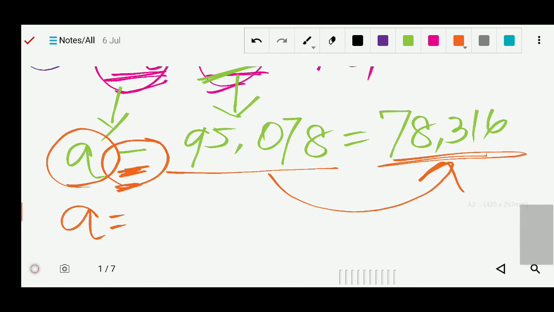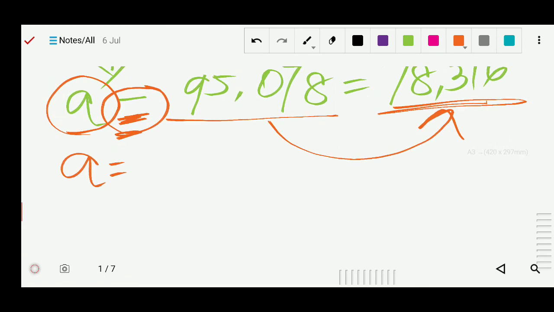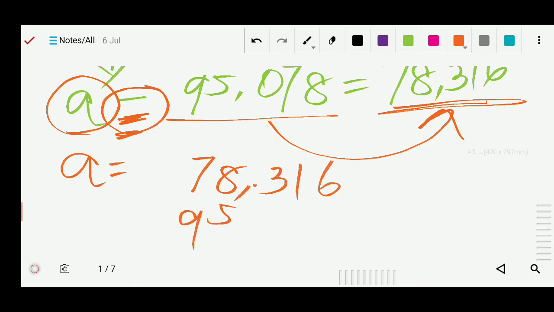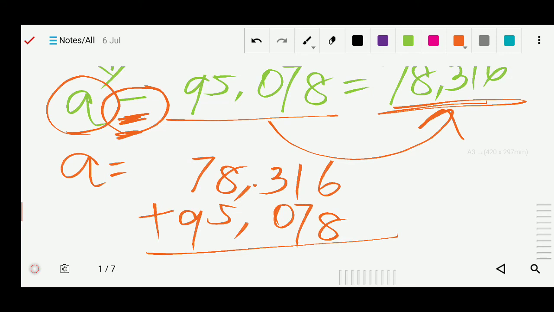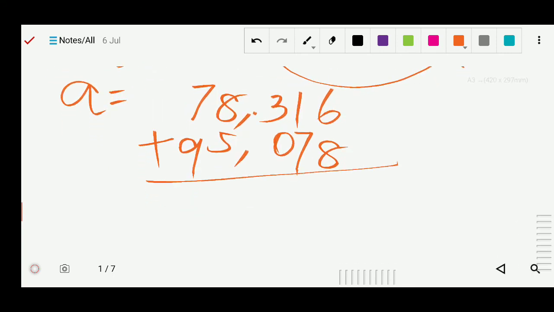So you can do this: 78,316 and 95,078, and you can add it. Okay, so how will you add? 6 plus 4 is 14, carry 1, 7 plus 1 is 8, plus 1 is 9, here is 3, here you will get 3 again, and here will be 170.